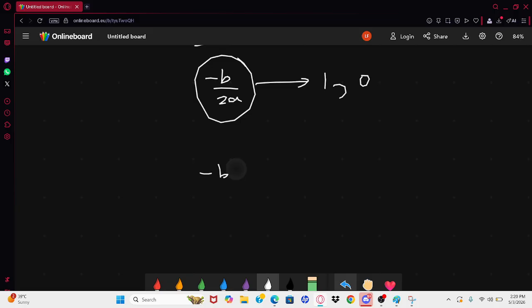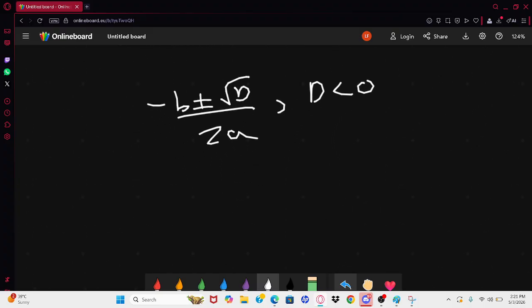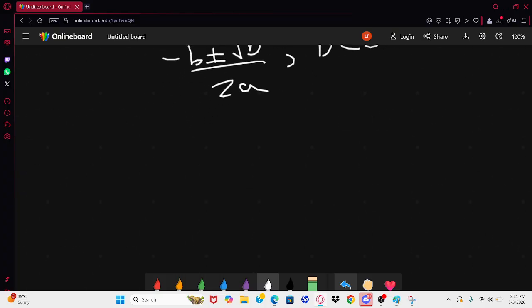Let's say you get minus b plus or minus the square root of d over 2a, where d is less than 0. Now, if the discriminant is less than 0, you're going to get a negative number inside of the square root, which does not work. Let's say x squared plus 1 equals 0.